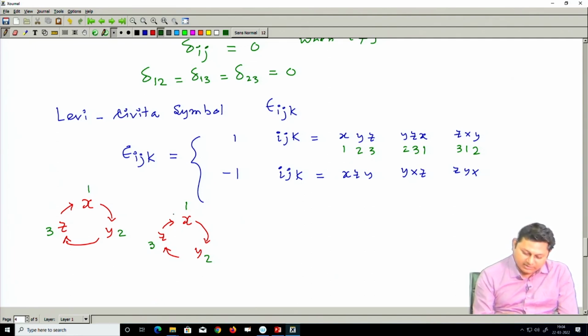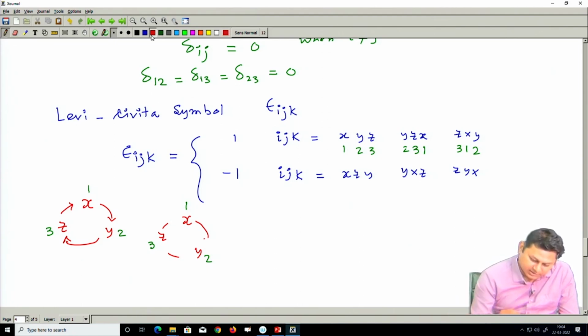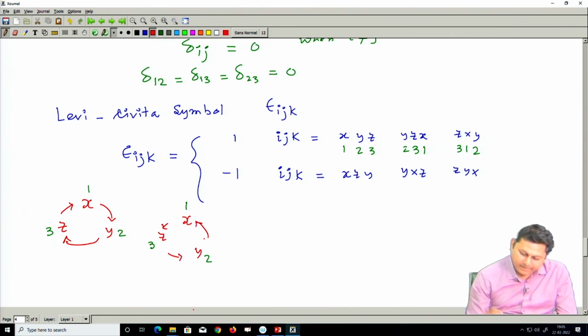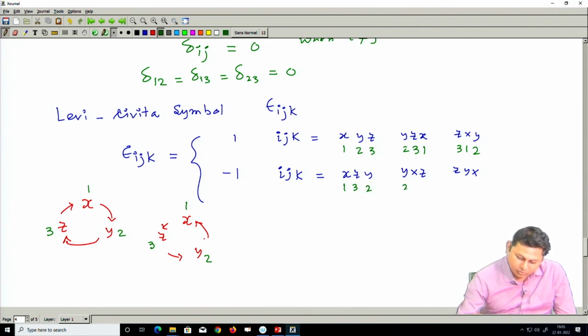So, in this case, okay, here I am making a mistake, my direction should be opposite here because I am going in an opposite direction. So, it should be in this direction. And what are the values here? So, it is 1 3 and 2, and this is say 2 1 3, and this value is 3.